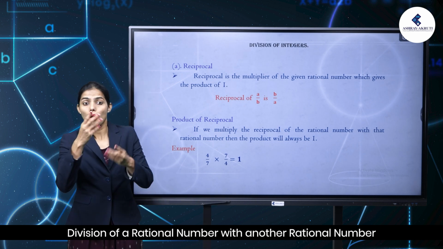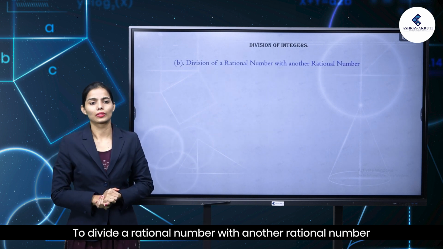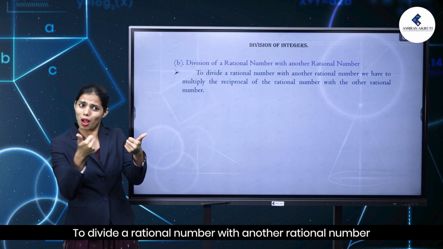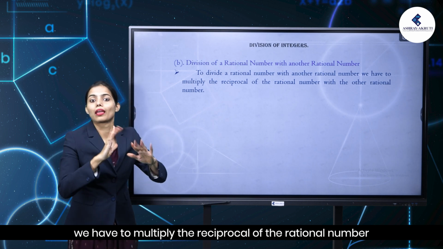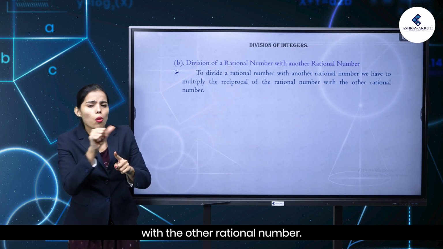Division of a rational number with another rational number. To divide a rational number with another rational number, we have to multiply the reciprocal of the divisor with the other rational number.